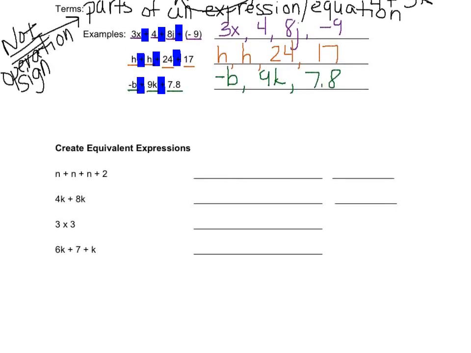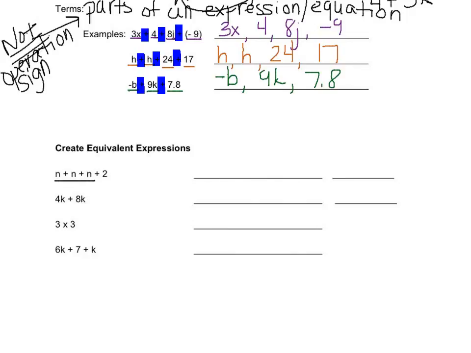So let's look down at our equivalent expressions, or needing to create equivalent expressions. So one thing with creating equivalent expressions, you want to look for things that you can combine if possible. So in this first one, I see that I have 3 n's.